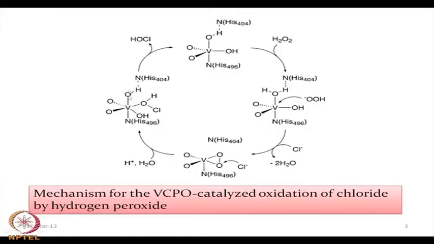So, in the final step for the catalysis, we just go for the removal of HOCl. Hypochlorous acid is removed, and the original catalyst in the native state is regenerated.